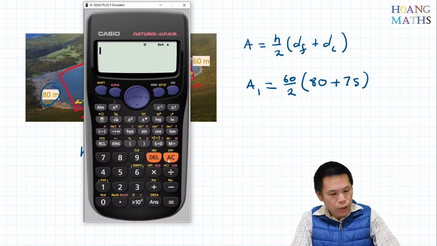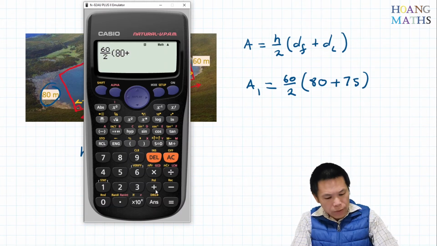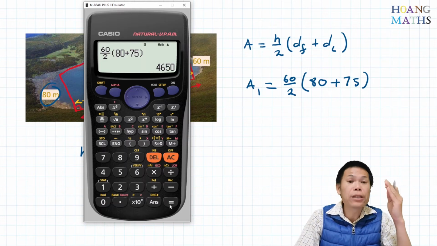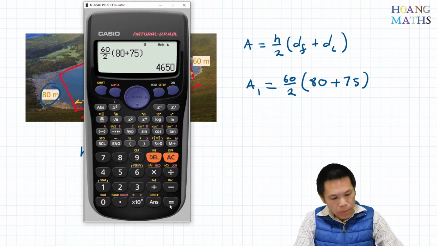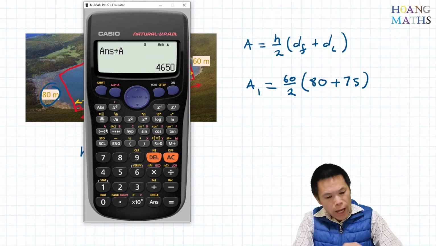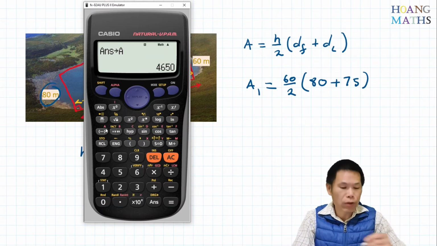I go 60 over 2, or you can just write 30, and 80 plus 75, close brackets. There you go, 4,650. Let me store that in memory first. I put answer, shift, store A. So 4,650.